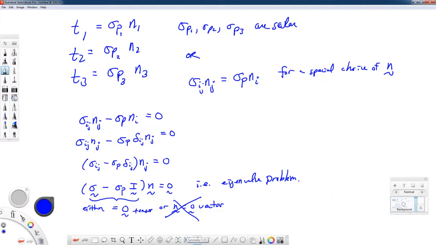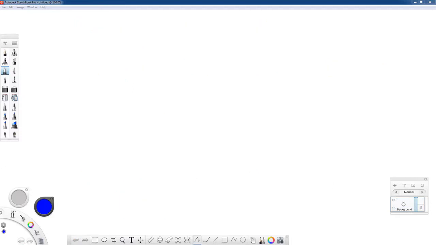So the way to make this statement true is that the term in the parentheses is going to be equal to the 0 tensor. Then in that case, sigma minus sigma p I is equal to the 0 tensor.